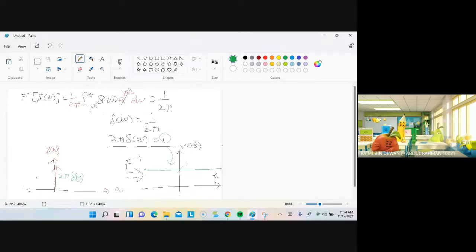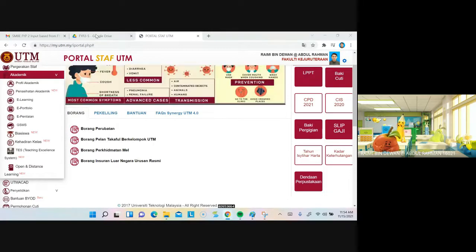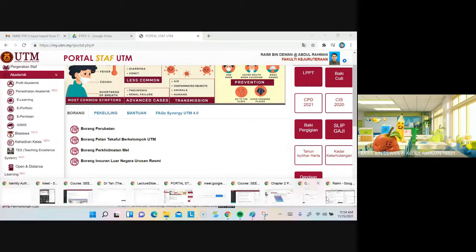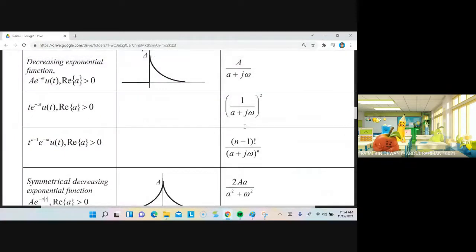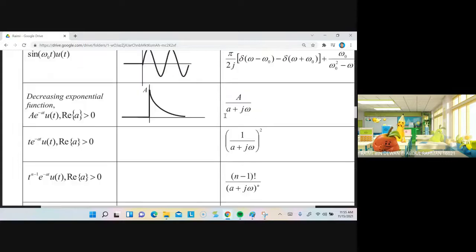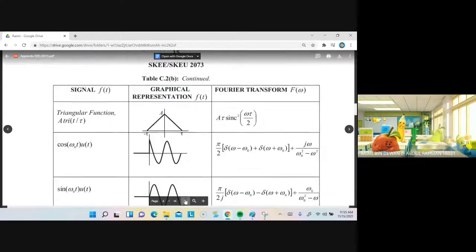That's how we get it. That's how we actually get the inverse transform from the impulse function. We will get the straight line. Go to your appendix. Try this one yourself to prove it's possible.